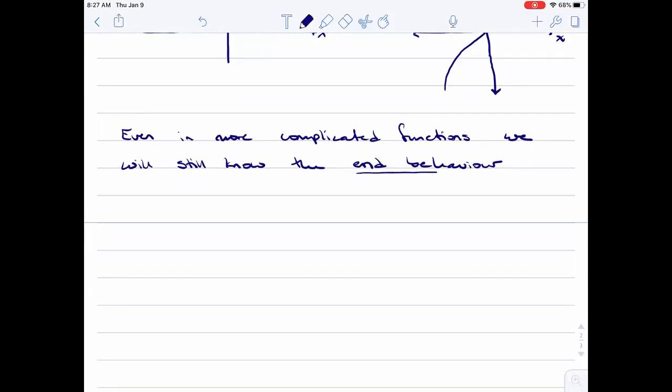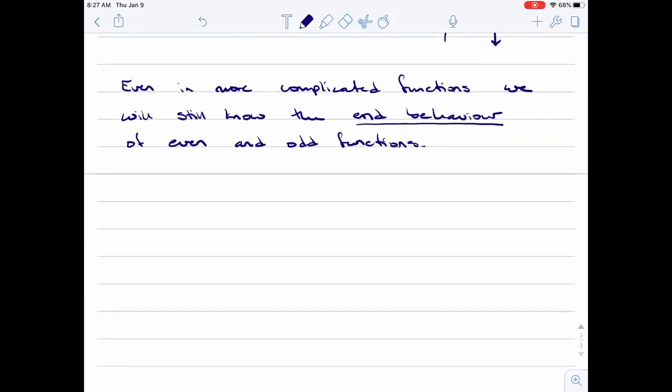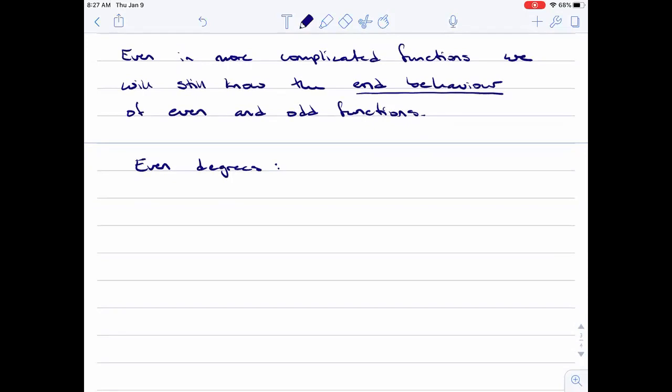So now we're talking about the end behavior of even and odd functions. For even degrees, we'll have something like this, right? Just like we're used to. And of course, x squared, we know it just connects, right?